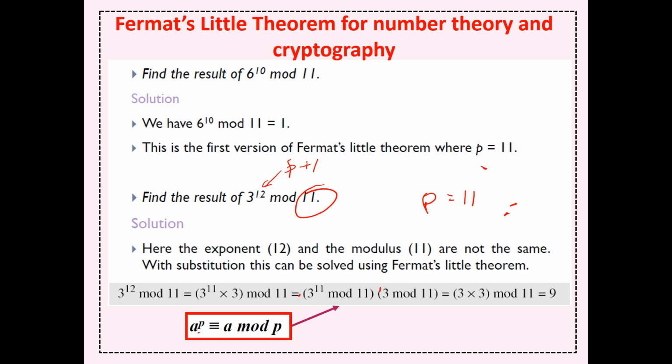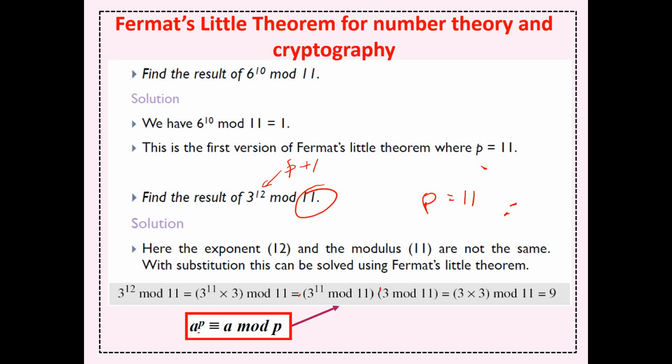If you observe this part, it is nothing but a to the power p congruent to a mod p. So 3 to the power 11 mod 11, without even computing, you can say the output will be a.